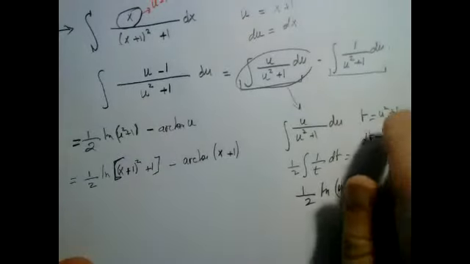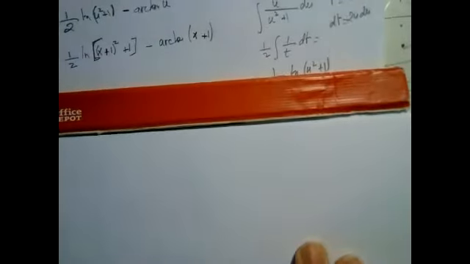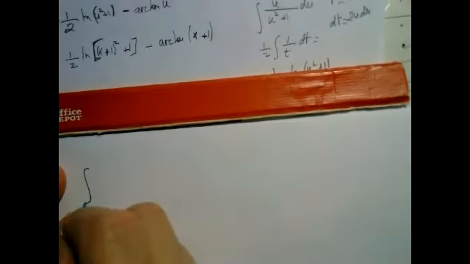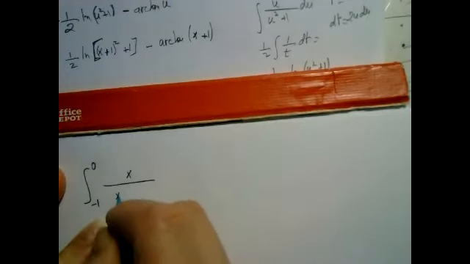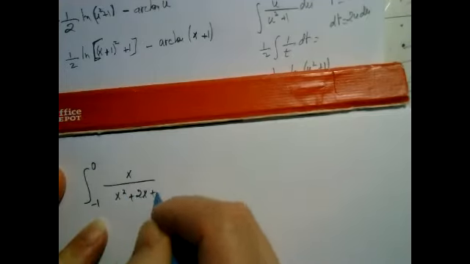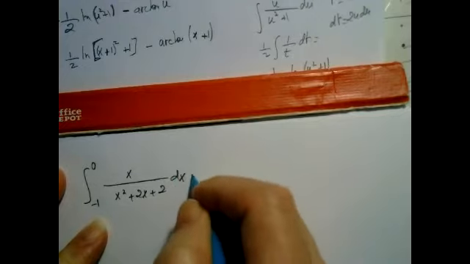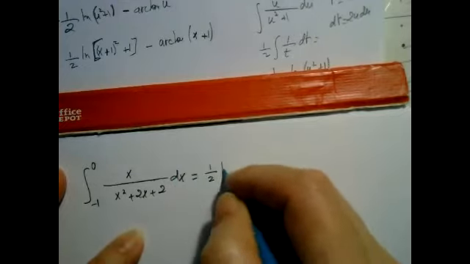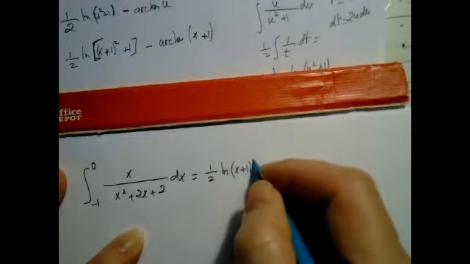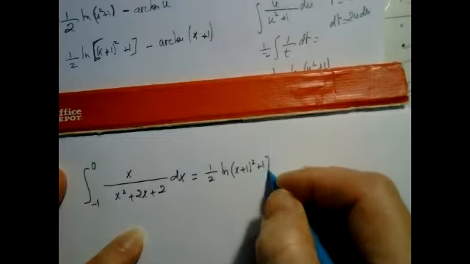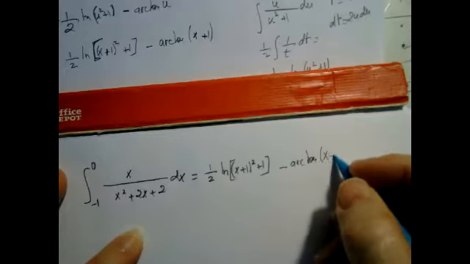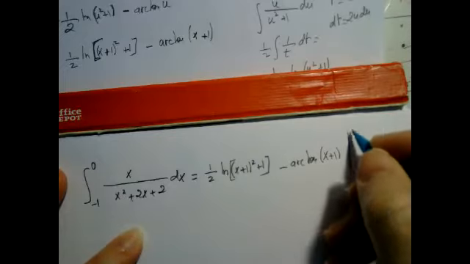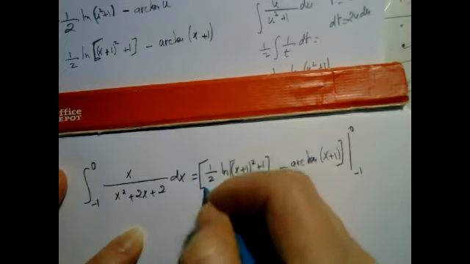So to find my definite integral, the integral from -1 to 0 of x over x squared plus 2x plus 2 dx will be equal to a half the ln of x squared plus 2x plus 2, minus arctangent of x plus 1, evaluated between -1 and 0.